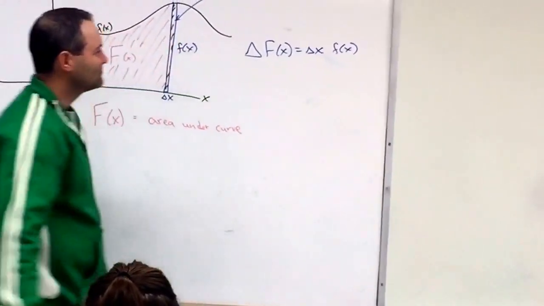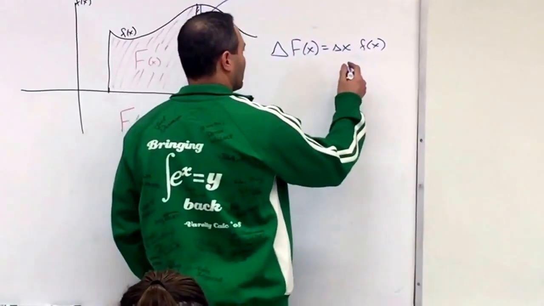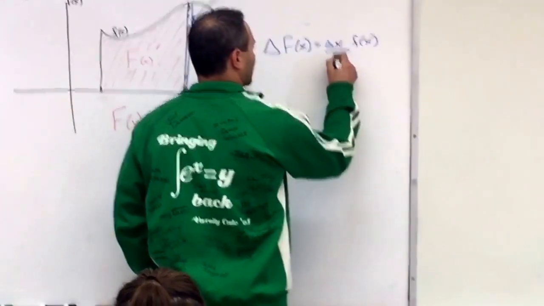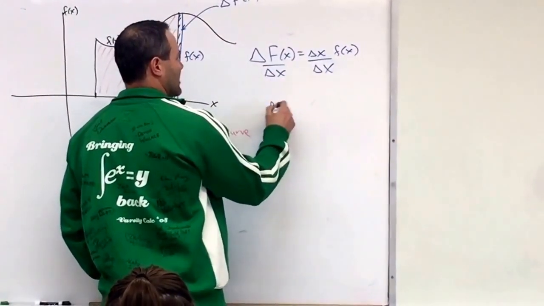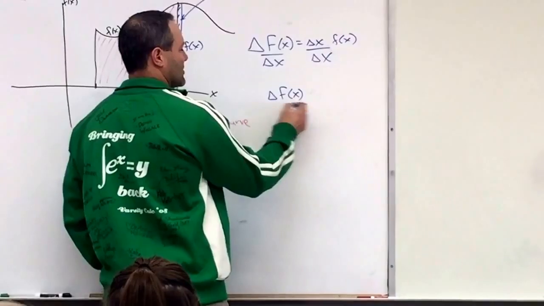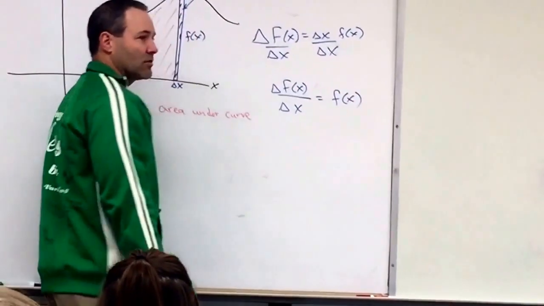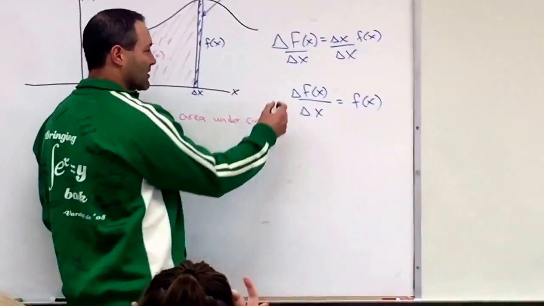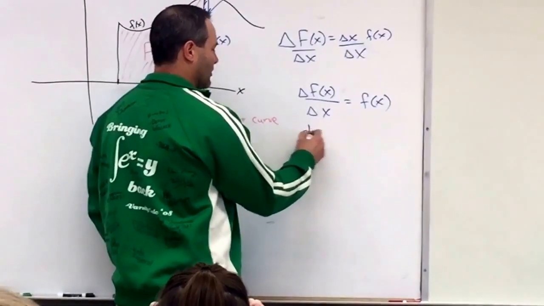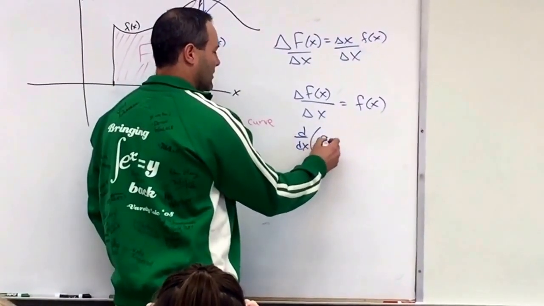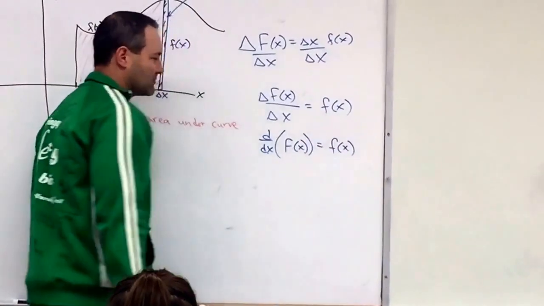True statement? Okay. We're going to divide by delta x. So the change in capital F of x over delta x is equal to f of x. So in calculus terms, we can say d/dx, so basically, the derivative of capital F of x is f of x.